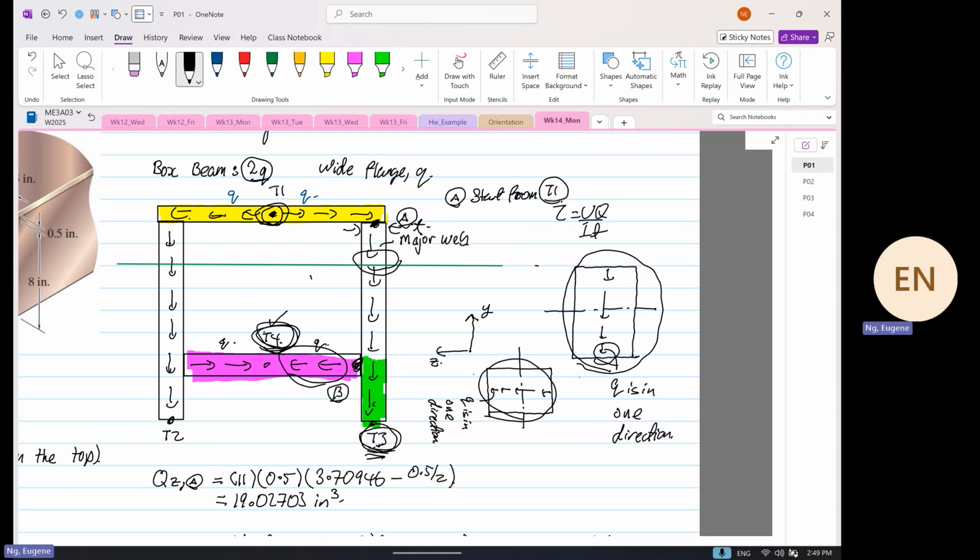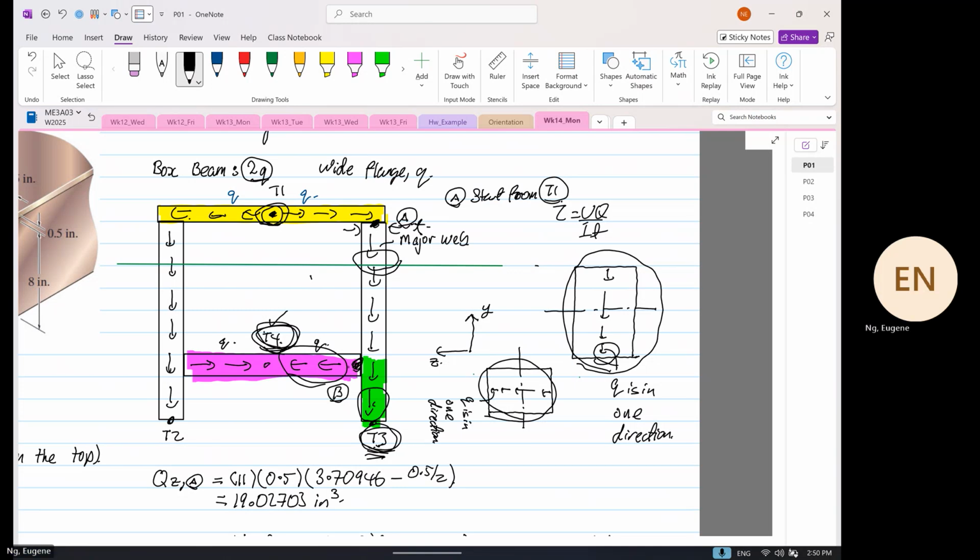Why I cannot take T3? Why I cannot take the green area? Because the shear flow is not in the same direction, relative to B.